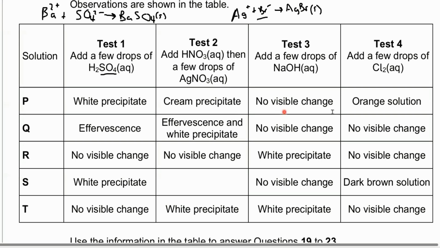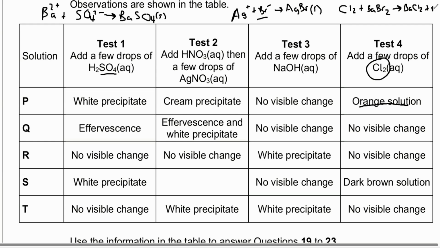So this is looking like the anion is bromide, and then we can just test that when we added some chlorine, we got a displacement reaction happening here, and what was pushed out? Which halide has an orange color? Well, that will be bromine, in solution, not bromide.